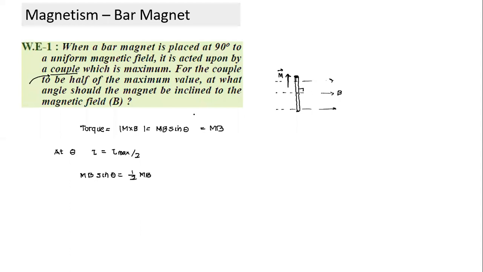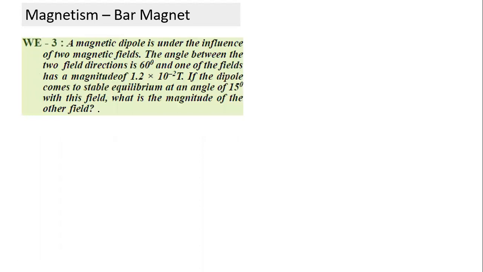This is very simple, and theta comes to 30°. Again, note, is this a new question? No. If you recall, electric dipole is exactly the same. Only the convention has changed. In place of E, B has come, and in place of dipole moment p, M has come.